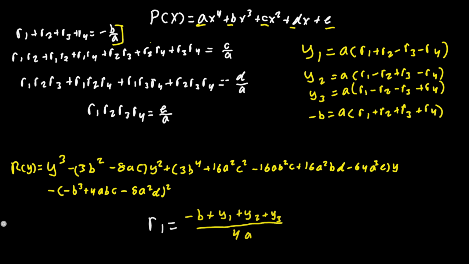We can easily solve for y cubed plus all of this and simply get y1, y2, and y3 via the cubic formula, Cardano's method, any method that you would feel comfortable with doing.